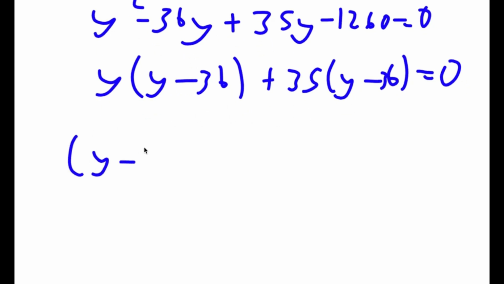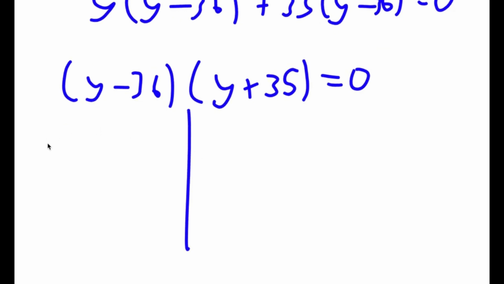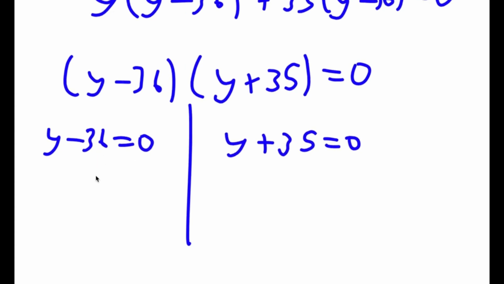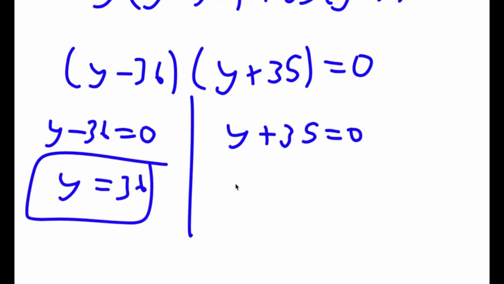Now if I factor out y minus 36, I get y minus 36 times y plus 35 is equal to 0. So this means that y minus 36 is equal to 0 and y plus 35 is equal to 0, meaning y equals 36 and y is also equal to negative 35.